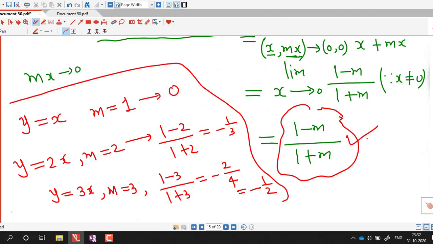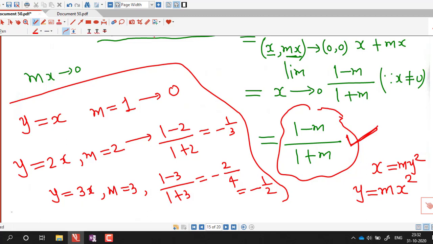Now if the answer does not depend on m, then limit will be same along all possible lines, but that also does not mean that limit exists. In that case you have to check limits along other possible paths like parabola, y equal to m into x square or x equal to m into y square.